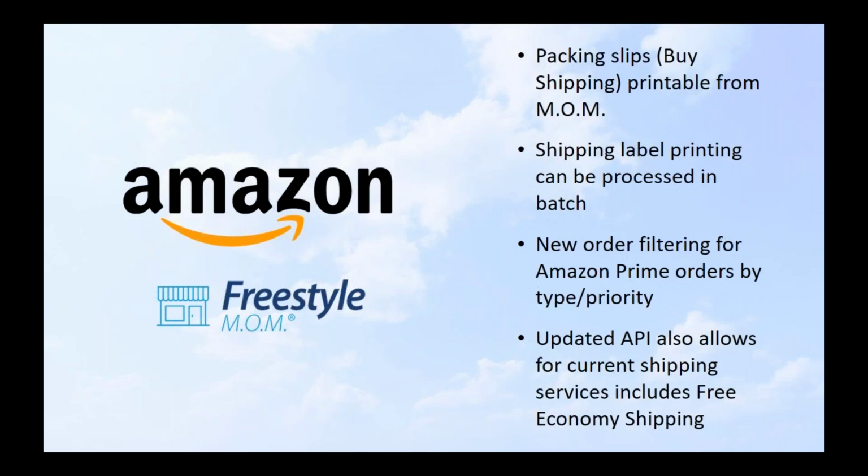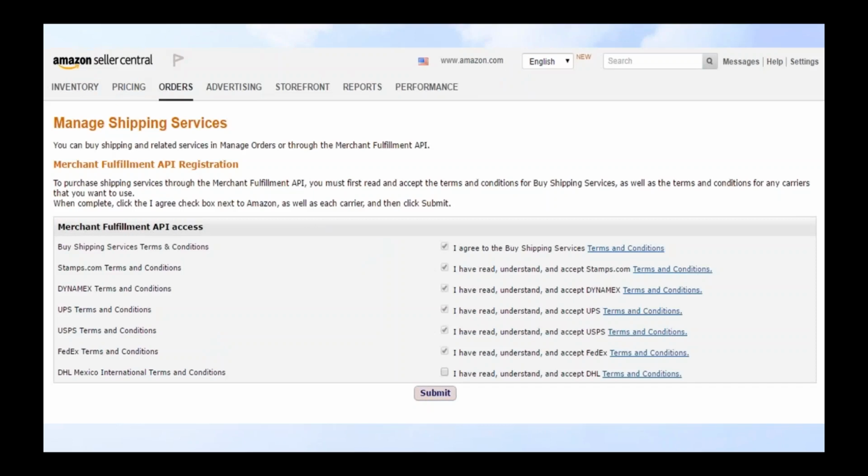Now, let's see. There is another item over here around managing shipping services. So this is the part Robert tried to intro. As we're getting clients up and running on Amazon Prime, this is one of the common things that we see. This is actually on the Seller Central side, you need to make sure that you accept these terms and conditions.